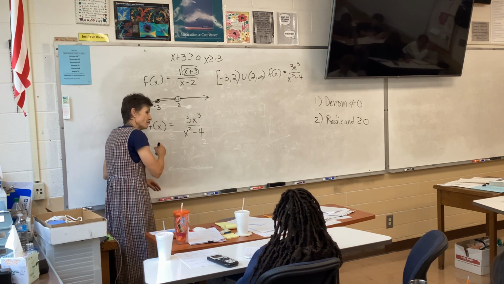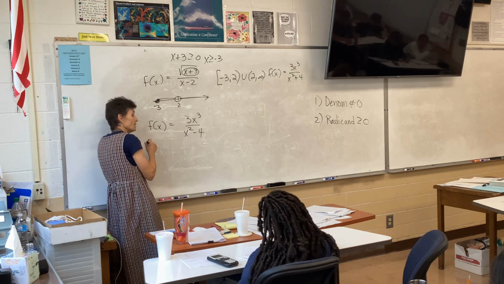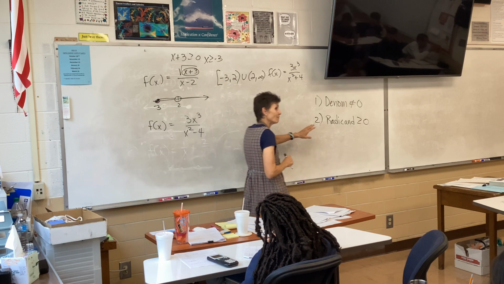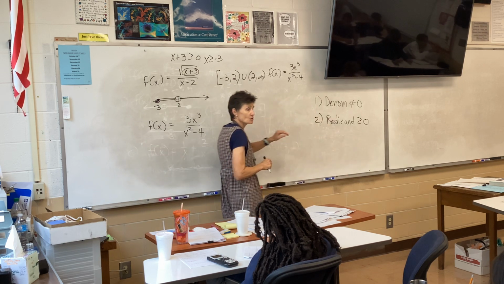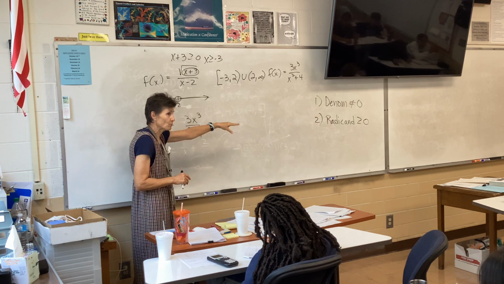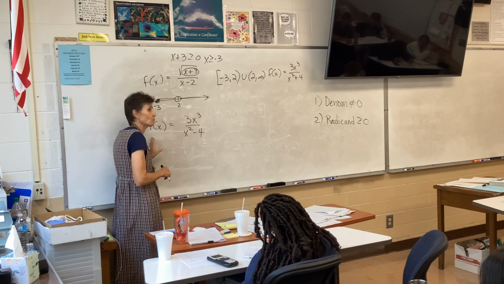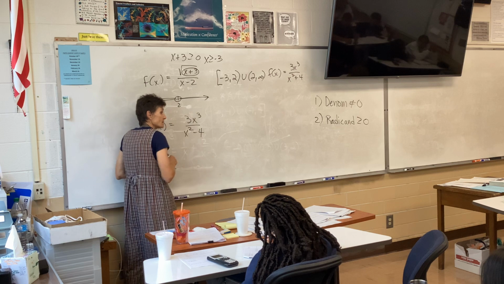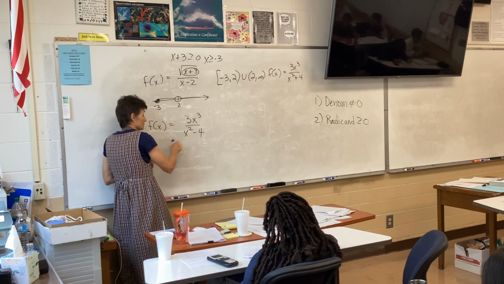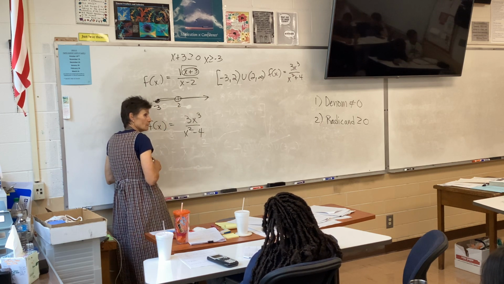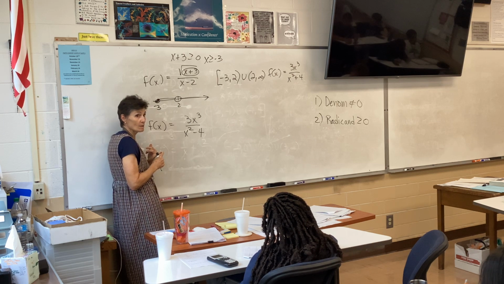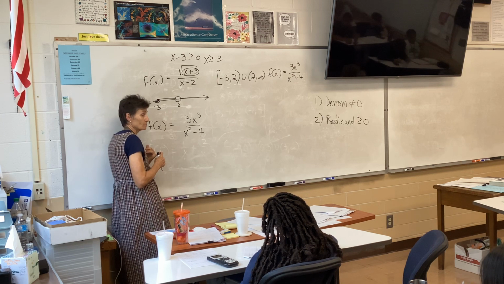Well, what about this one? Have you had a chance to look at this one yet? Notice, this one does not have a radical in it. So I don't need to worry about rule number 2. I only need to focus on rule number 1. What do you notice about this? X can't be what? 2 or -2.